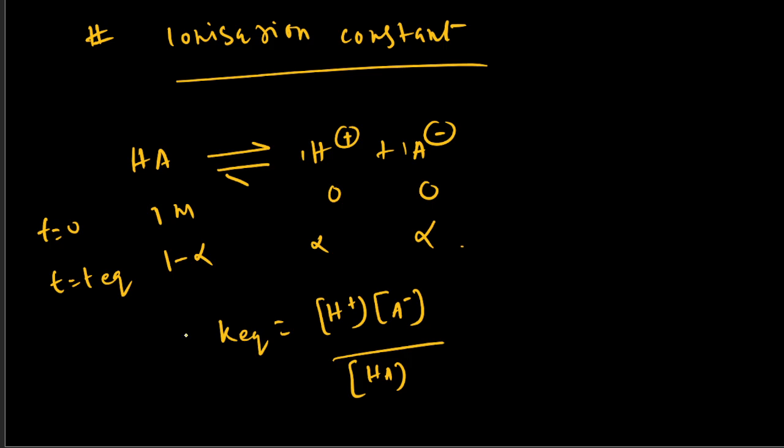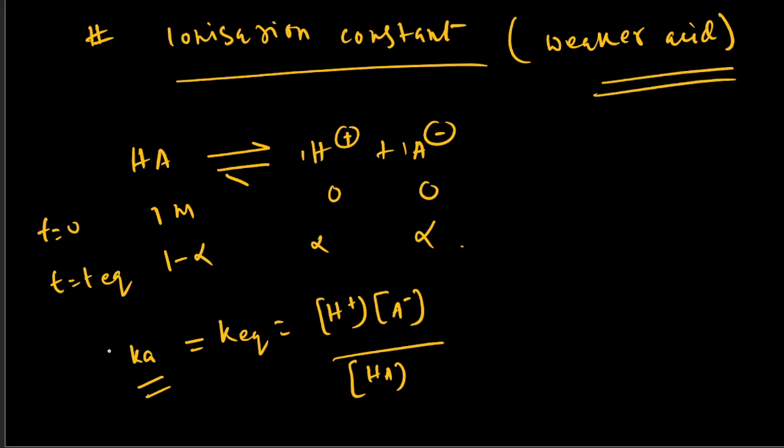This K equilibrium for acid is called Ka. If we are talking about acids, the K equilibrium is known as Ka, and this is for weaker acids. Why not for strong acids?